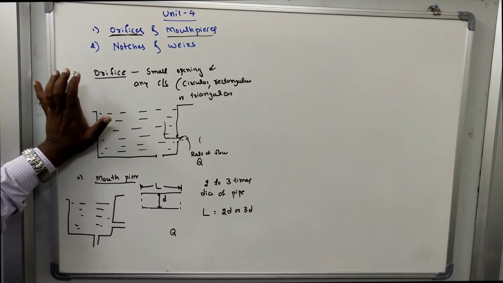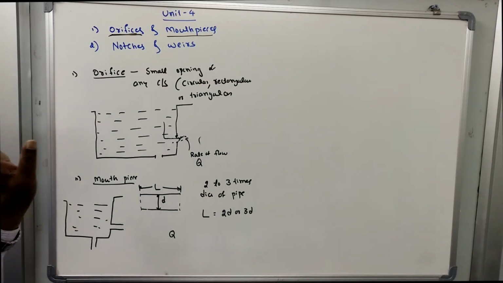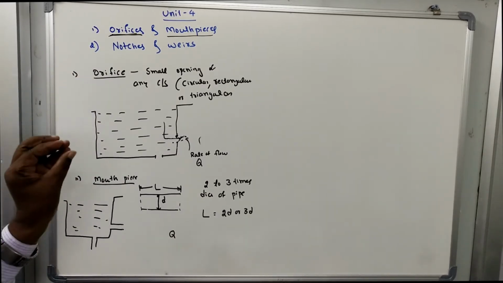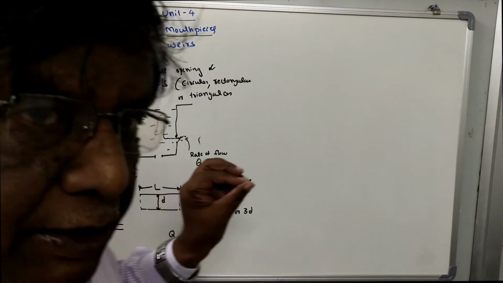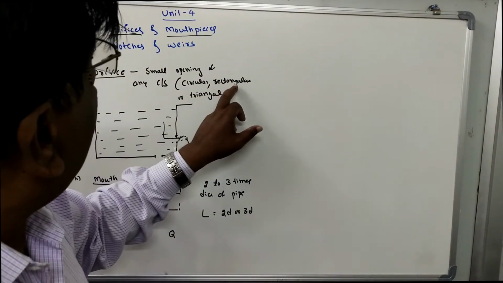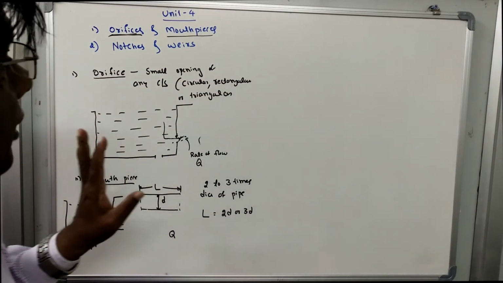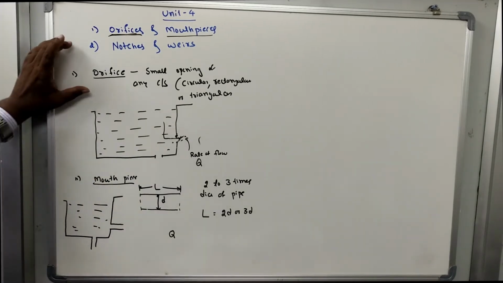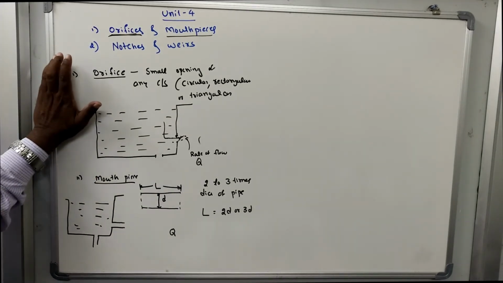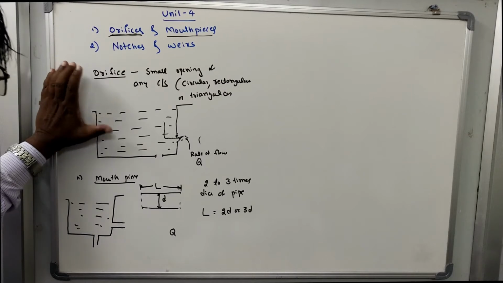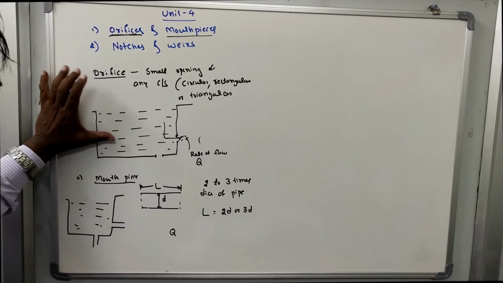Normally the shape of the cross section may be circular, rectangular or triangular, and this small opening is fitted at the side of the tank or at the bottom of the tank.